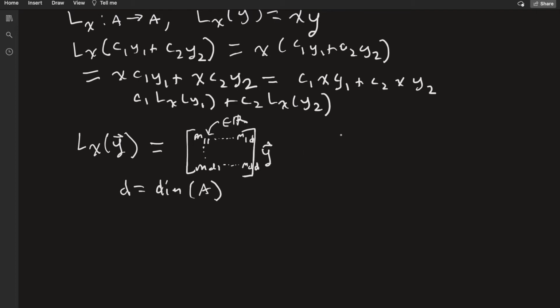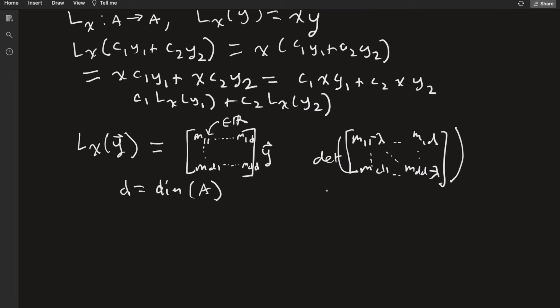And how you find the characteristic polynomial, you just subtract lambda off these diagonal entries, and you take that determinant. Then, what do you get?